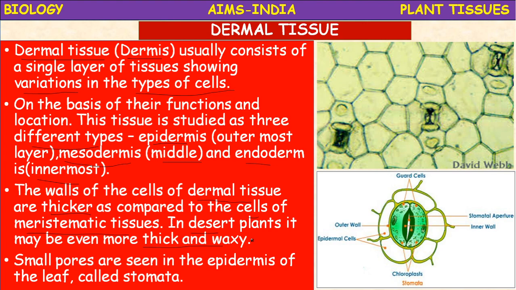You can tear it in a single stroke, so that a thin whitish edge is formed. That whitish edge you have to observe under the microscope. So slowly remove the cuticle layer, the outermost layer, which is transparent. Remove it and observe the peel under the microscope by preparing a temporary mount.